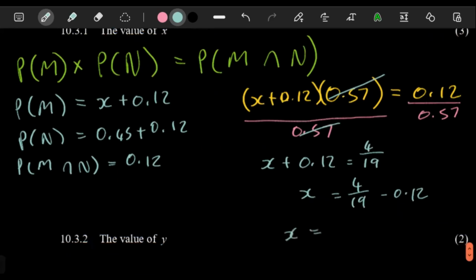Let's see what our value of x is. 4 over 19 minus 0.12. We're getting 43 over 475.